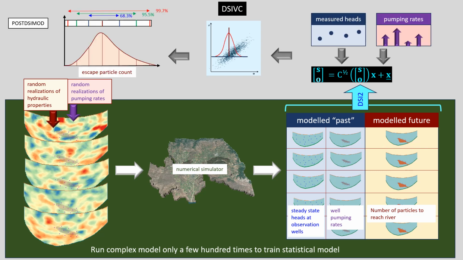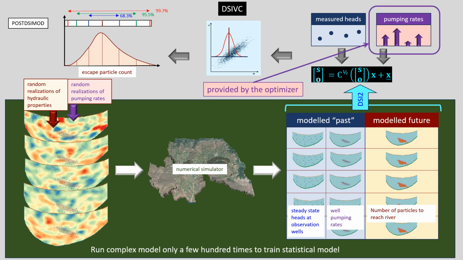When we condition this model now to make a prediction that we care about, the conditioning data set is comprised of, as usual, measured heads, the calibration data set, but also the set of pumping rates that we would like to use on this particular occasion. Once we condition it on measured heads and the pumping rates that we would like to use when we want to make a prediction, we can obtain the uncertainty of that prediction or predictions at various confidence levels.